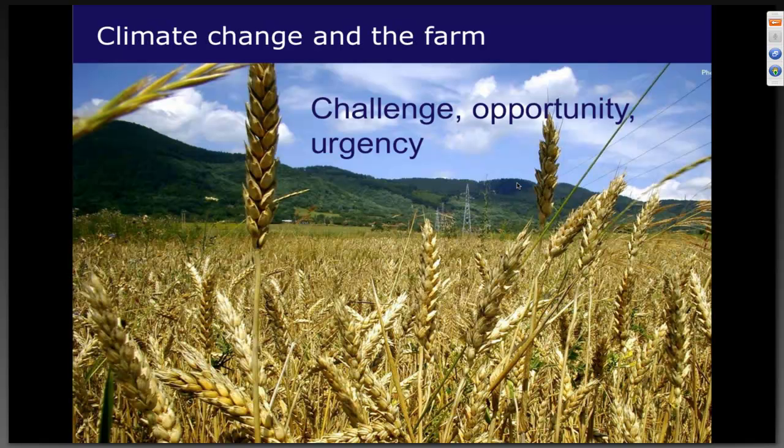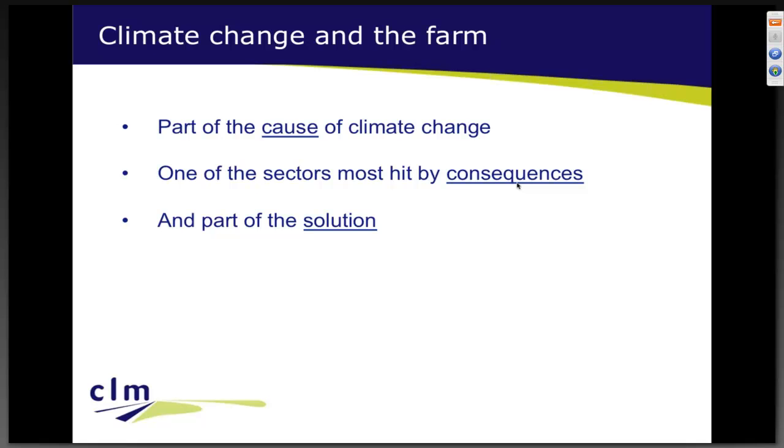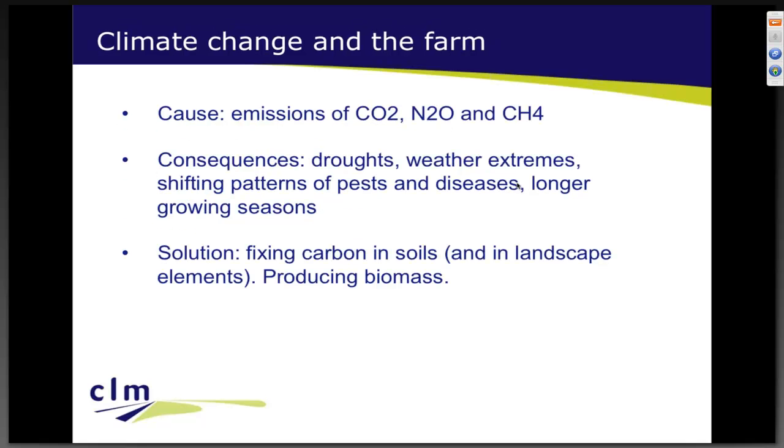And there's a challenge, there's an opportunity, and there's an urgency, because farming, agriculture, is one of the causes of climate change. We looked at that just now. It's also one of the sectors most hit by the consequences, and it's part of the solution. And there's few sectors that do all three at the same time. It causes emissions of the three major greenhouse gases: carbon dioxide, laughing gas, nitrous oxide, and methane.